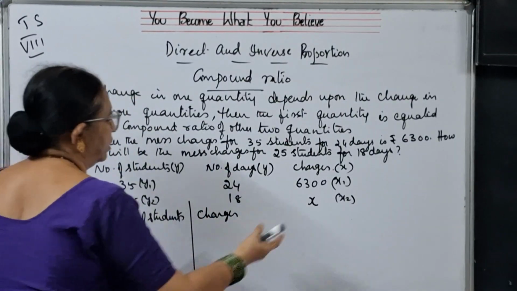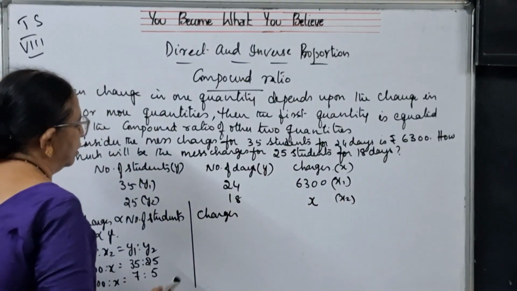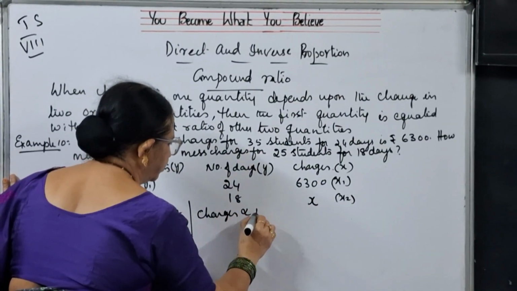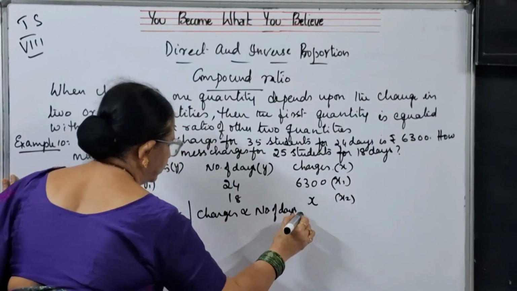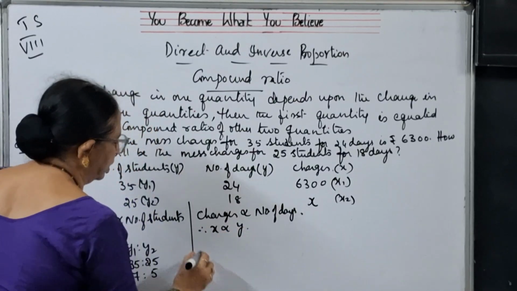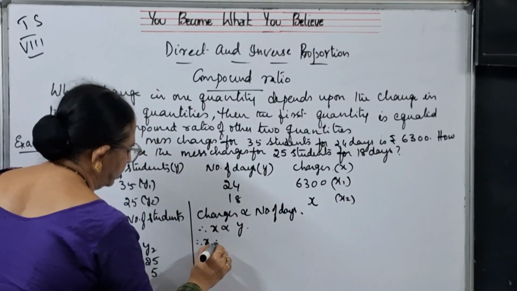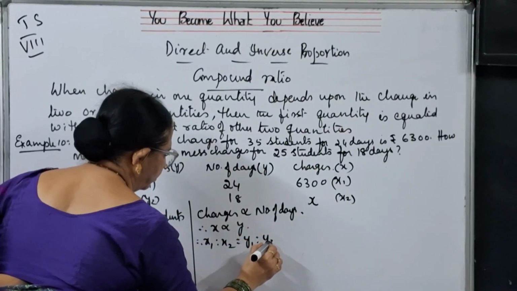This also is direct, children. When number of days increases, charges also will increase. So charges are directly proportional to number of days. Therefore, x is directly proportional to y. Therefore, x1 is to x2 is equal to y1 is to y2.